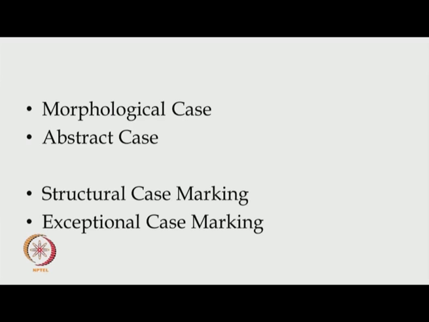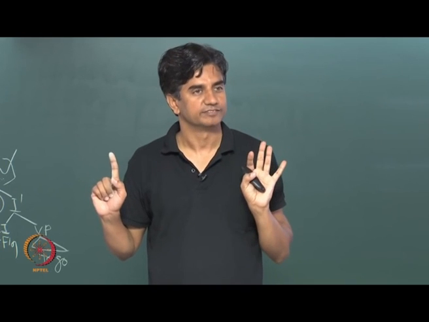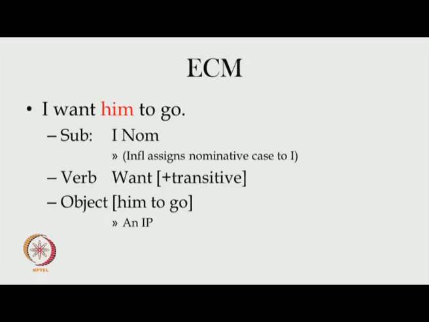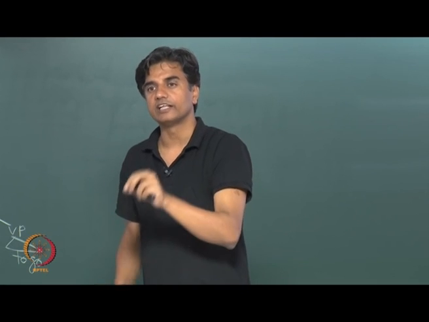At the end of it, I want you to know these terms with clarity: what we mean by morphological case and what we mean by abstract case. Okay? Look at this sentence. In sentence number 1, I want John to go, John is an example of abstract case. That is, accusative case appears on John in an abstract way.